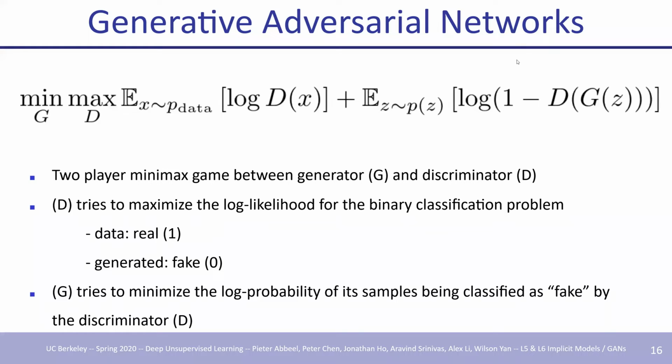And this is the loss function that we will use in the neural network. And the equilibrium is reached when the discriminator can't tell. And it's 0.5 and 0.5 for all of them.